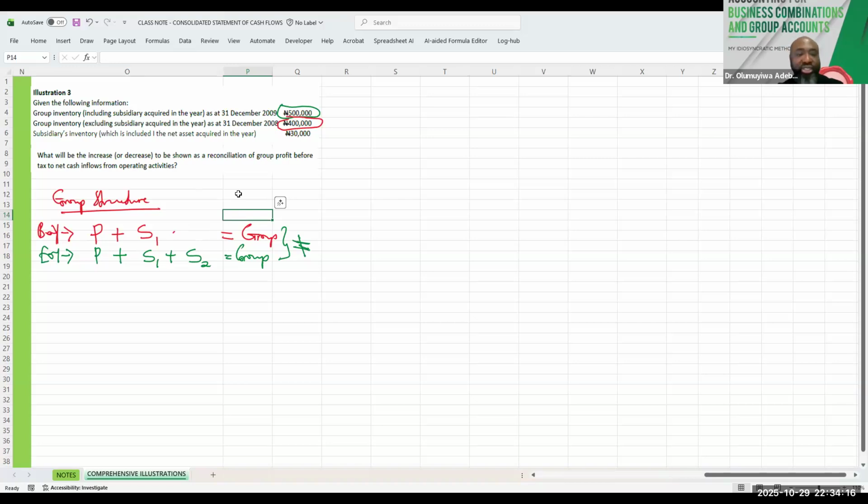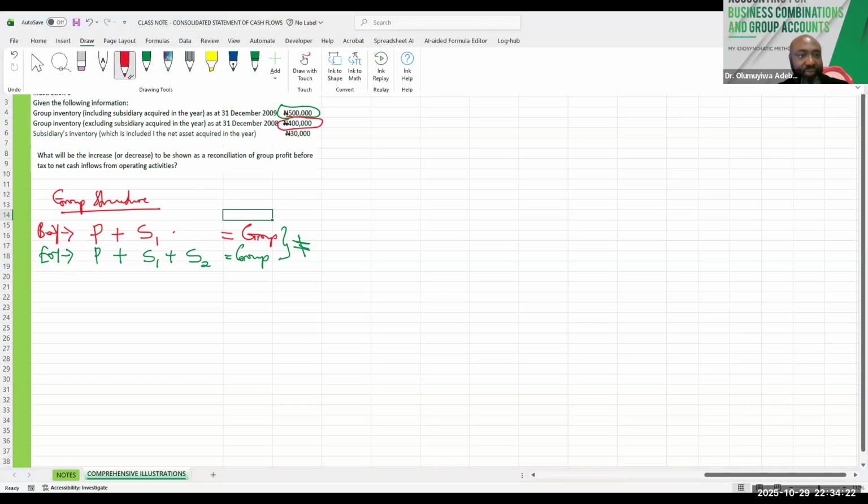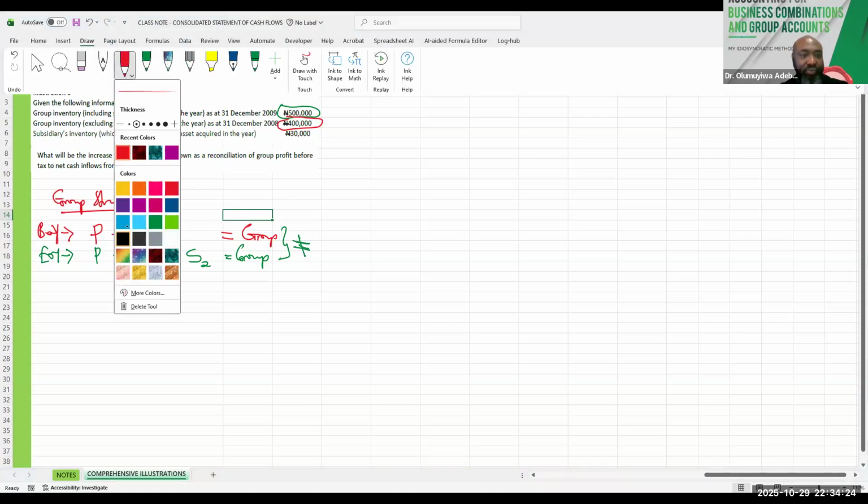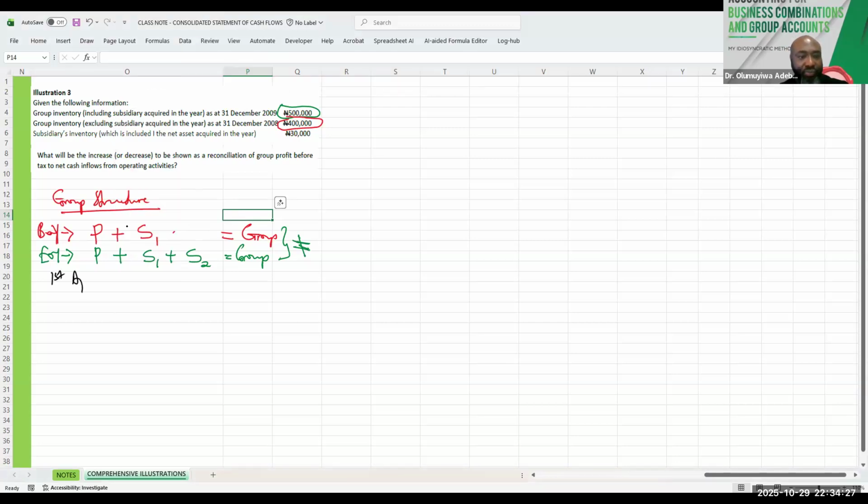The first approach: let us assume that we have P and S1 at the beginning, and at the end P, S1 and S2.